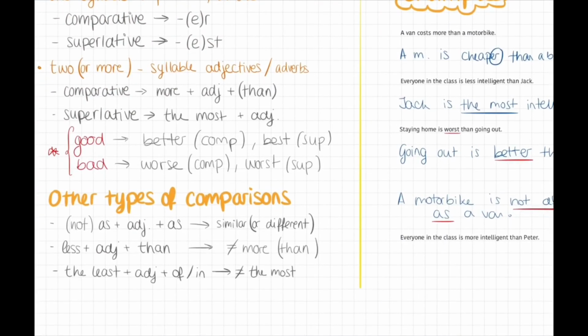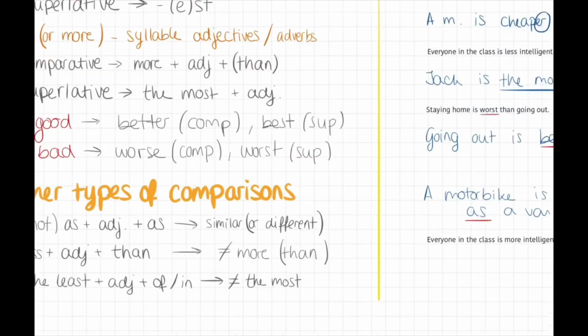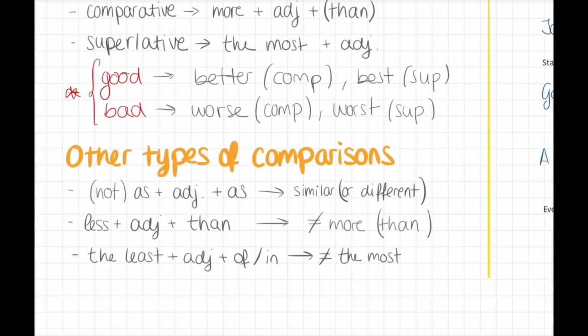Another comparison would be less plus the adjective plus than, which is the opposite of more than. So we have seen this before in this example. Everyone in the class is less intelligent than Jack. And then the last one would be the least plus the adjective plus of or in, which is the opposite of the most.